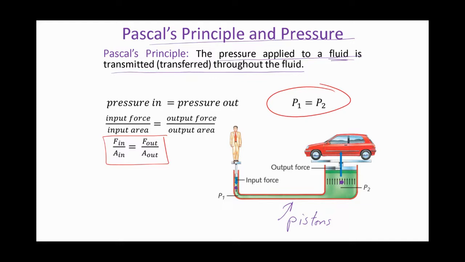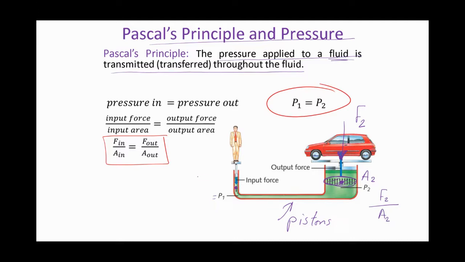So we have just said that pressure equals force over area, right? Let's say the weight of the car is the force. I will call it F2. And the area of this piston, I will call it A2. So the pressure is F2 divided by A2.